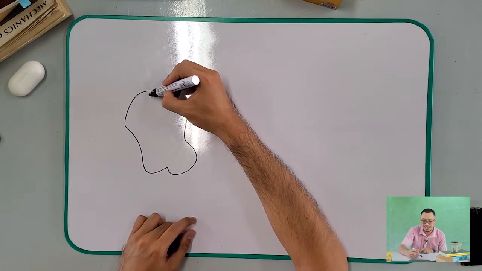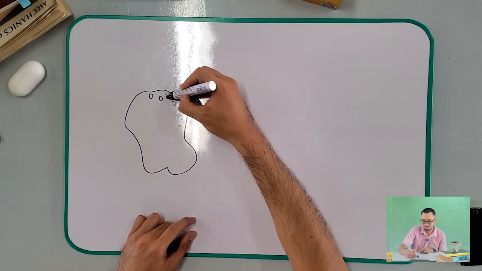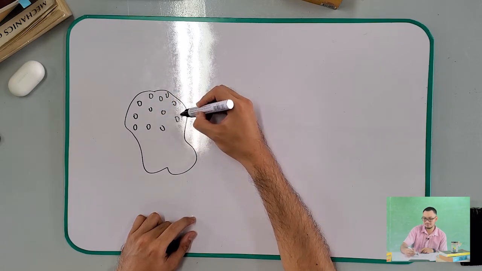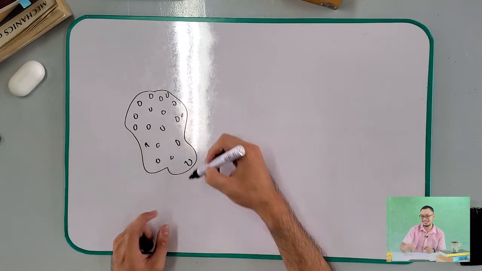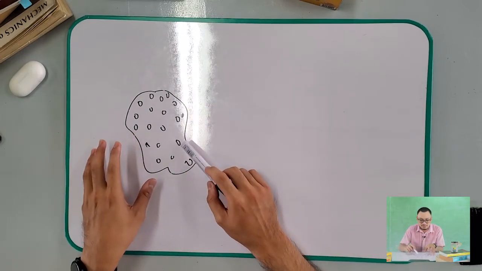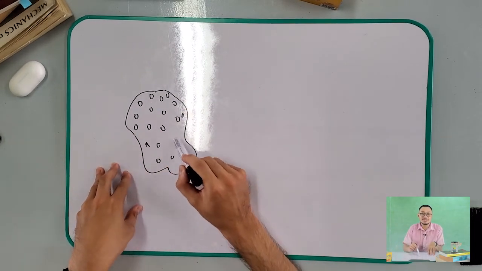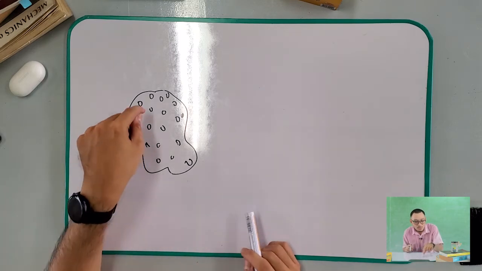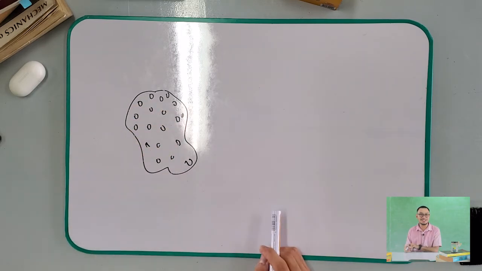Let's assume that the matter is round. So this object is composed of these very small matters, and that is our mass. It is the quantity of these matters.